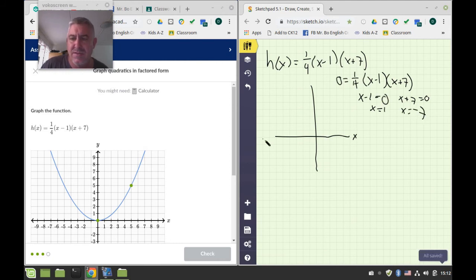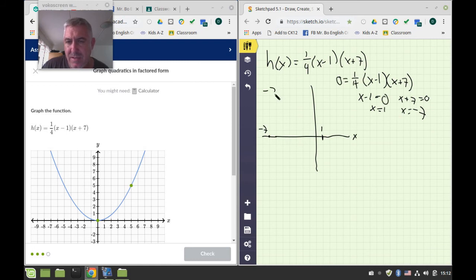Okay, so now I know that my intercepts, counting 1, 2, 3, 4, 5, 6, 7, so I've got negative 7, or I've got 1. And then we're going to find the line of symmetry, which goes right down the middle there. How do we do that?